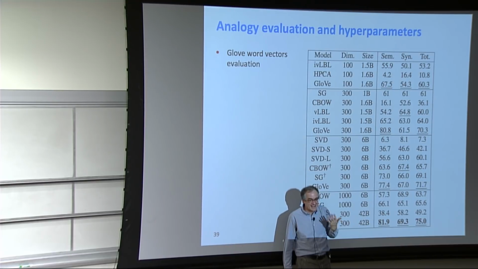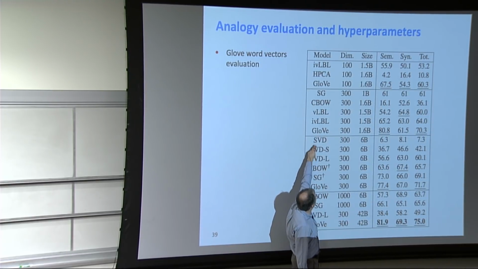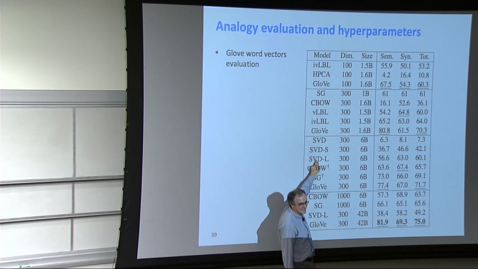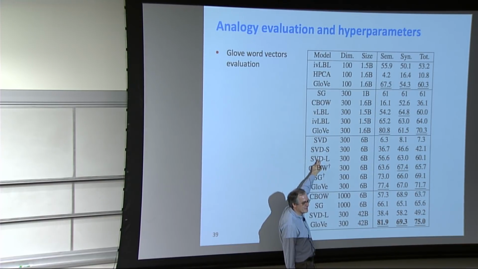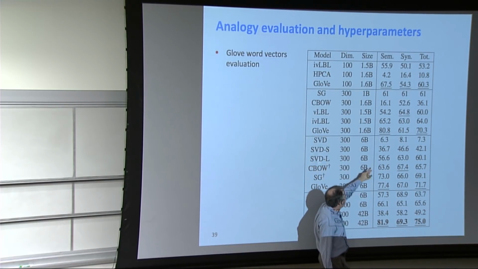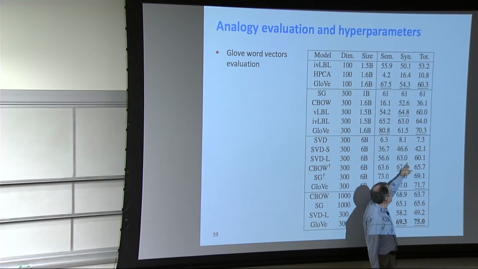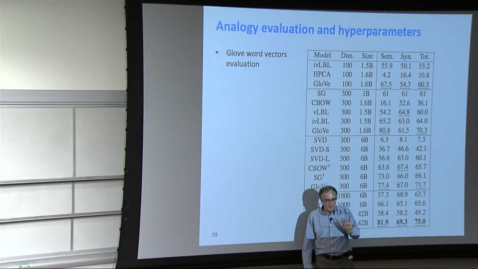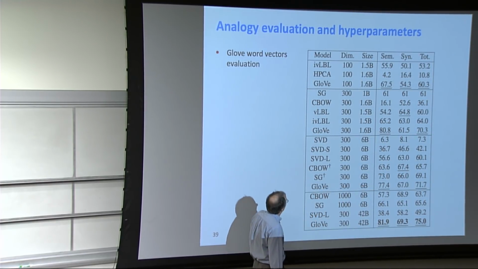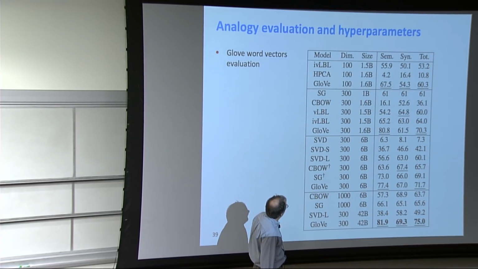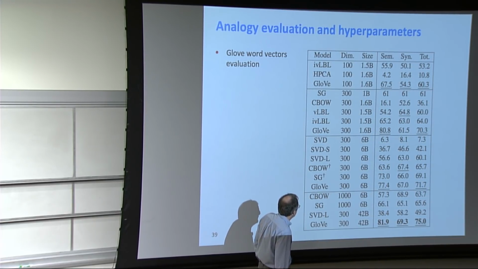But as Doug Rohde showed, if you start doing manipulations of the count matrix before you do an SVD, you can actually produce an SVD-based system that performs quite well on these tasks, not badly against other things.